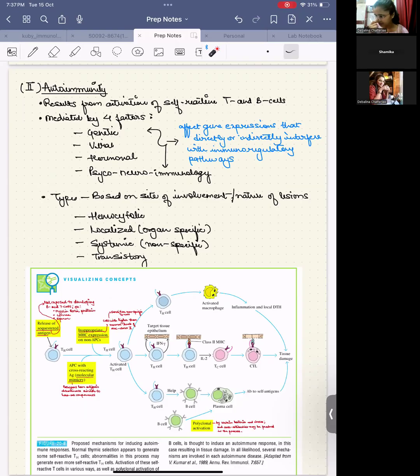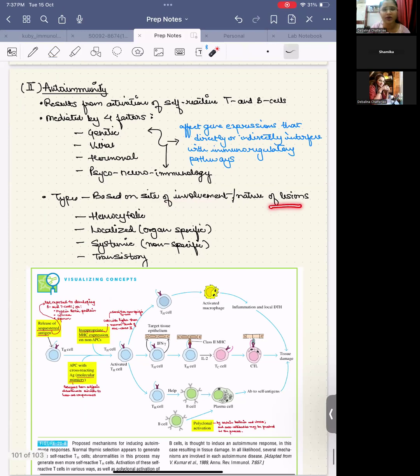Now, it can further be classified for ease of our understanding, into four such types. What types? First, based on the site of involvement, like at which point or where this autoimmune reaction is taking place, and the nature of lesion.